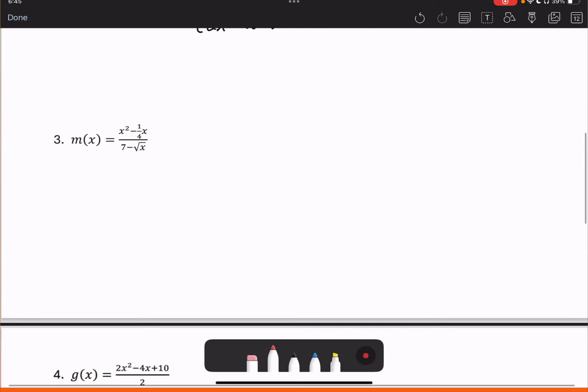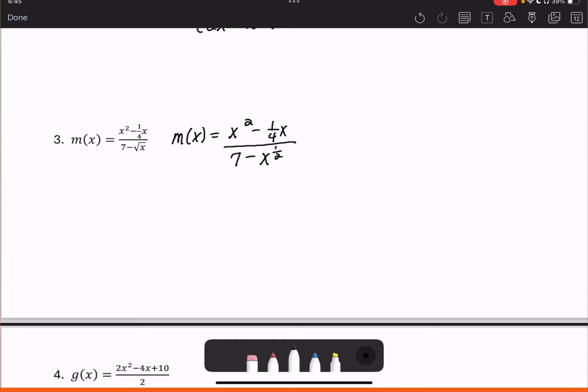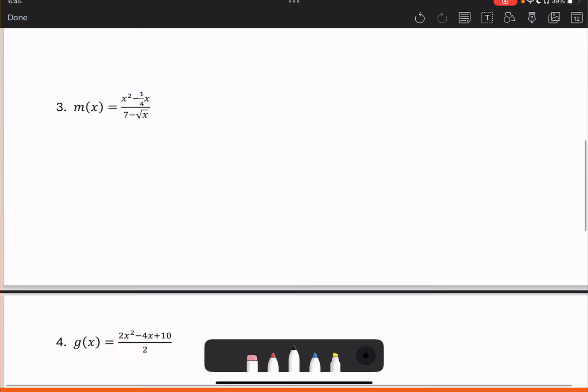Okay, so let's look at number 3 here. Okay, so this m of x needs a rewrite. Okay, so I'm going to have x squared minus 1/4 x over 7 minus x to the 1/2. Okay, and this is what I want to use to do my derivative, that rewrite.